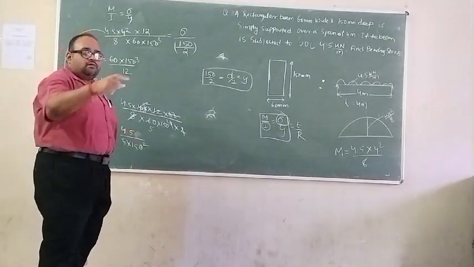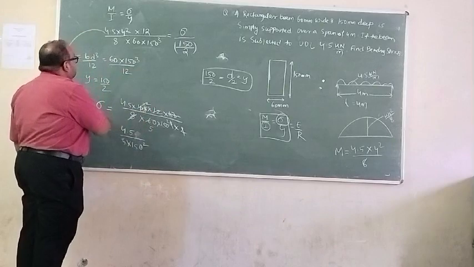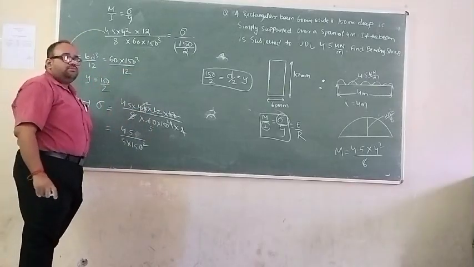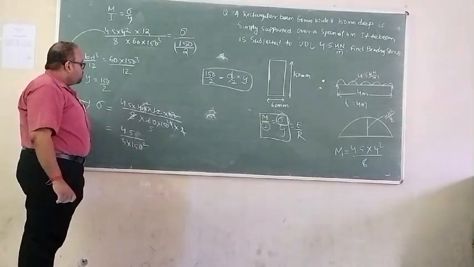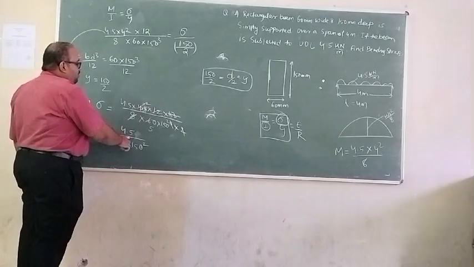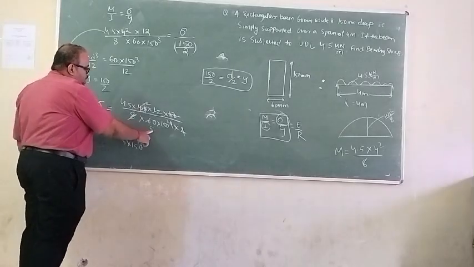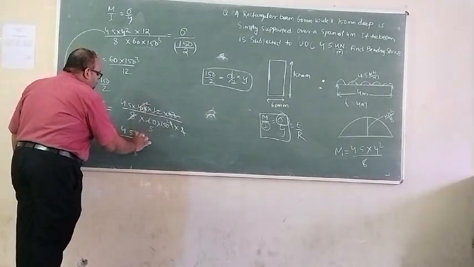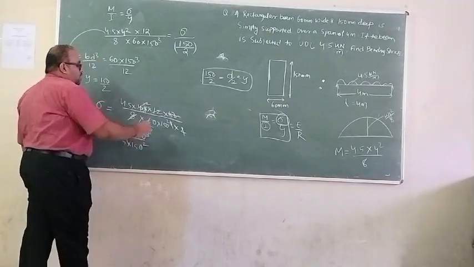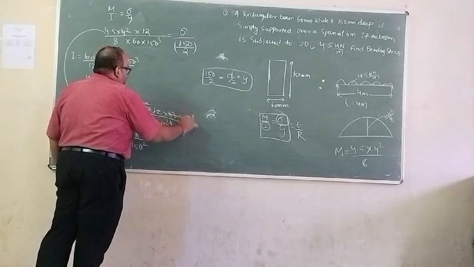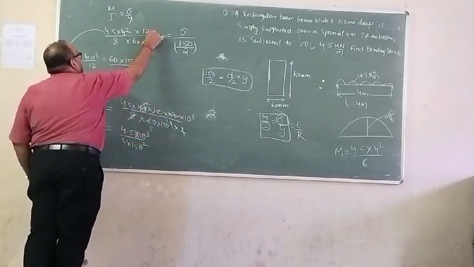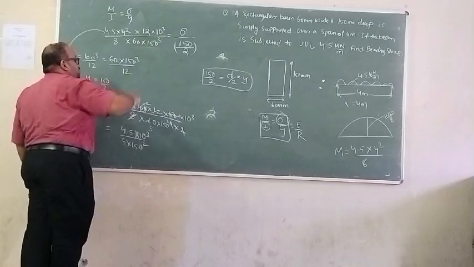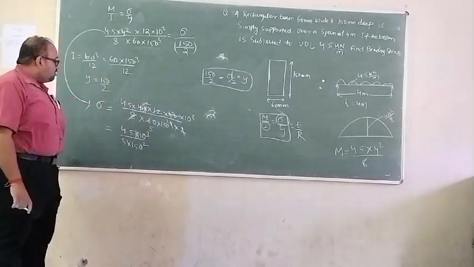Let us find in the calculator what is the value of stress. 4.5 divided by 5 multiplied by 150 squared, and the value of 10 cubed is present because of kilonewton.